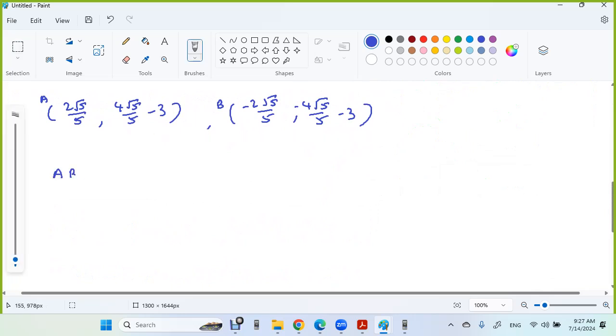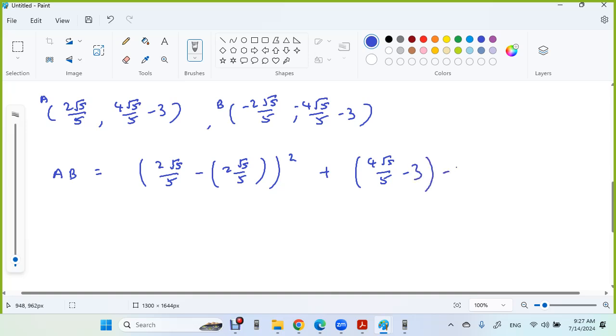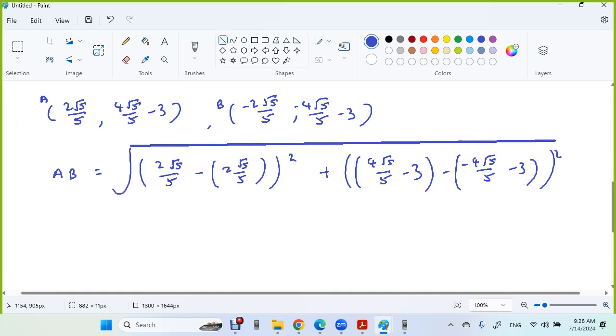So AB will be the square root of 2 over square root 5 minus 2 square root 5 over 5, squared, plus 4 square root 5 over 5 minus 3, minus negative 4 square root 5 over 5 minus 3, squared. So this will be the length of AB.